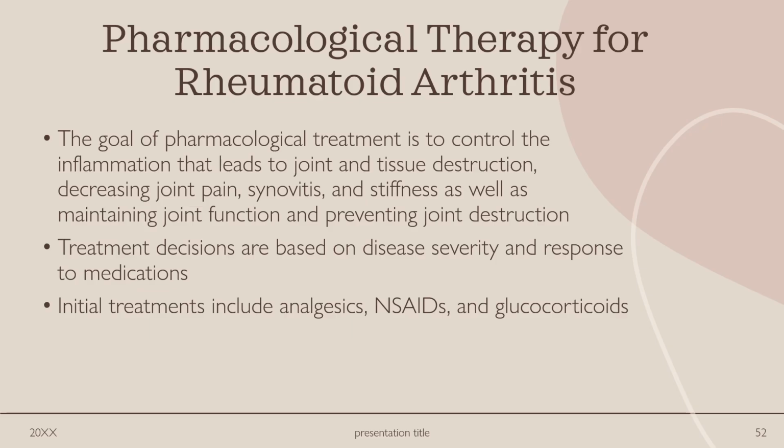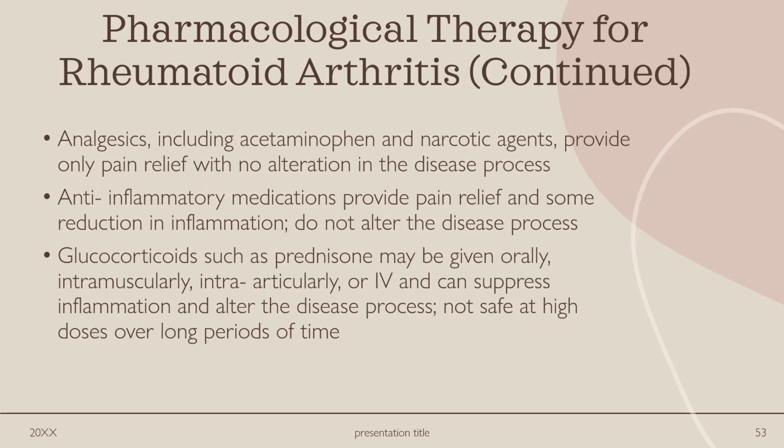Initial treatments will include analgesics, the NSAIDs, and then glucocorticoids. So analgesics, including acetaminophen and narcotic agents, will provide only pain relief with no alteration in the disease process, meaning that we are going to manage the pain, but we are not going to halt the disease.